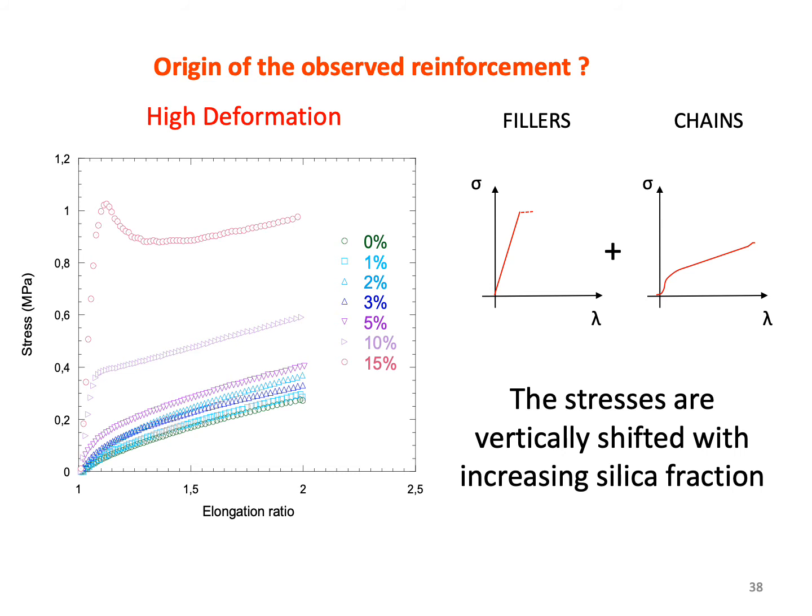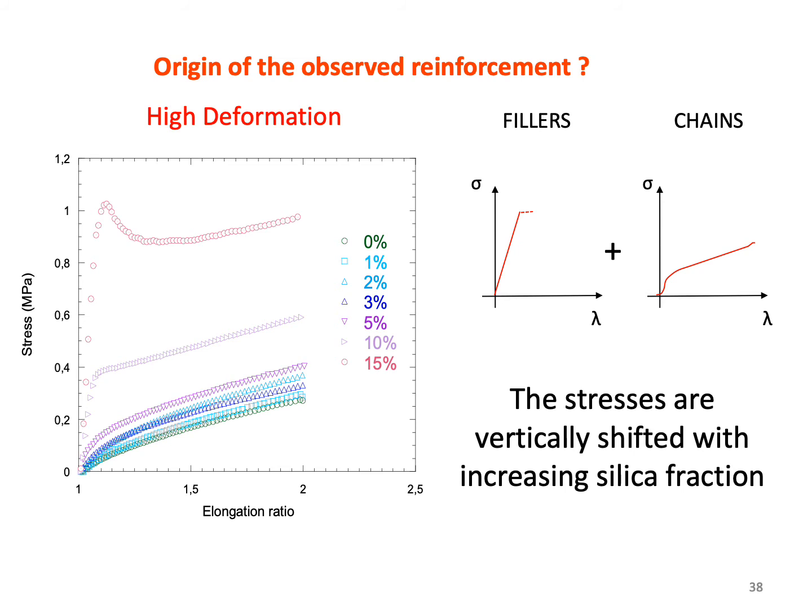If we pay more attention to the stress curves on the left-hand side figure, we see that all of them look vertically shifted compared to the one at 0%, except the last one at 15%, which first shows a kind of overshoot.